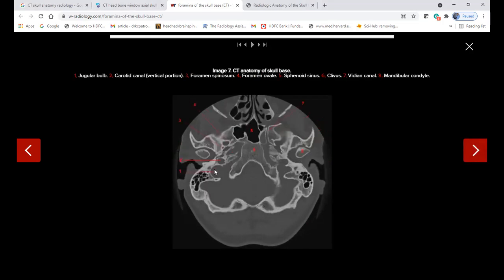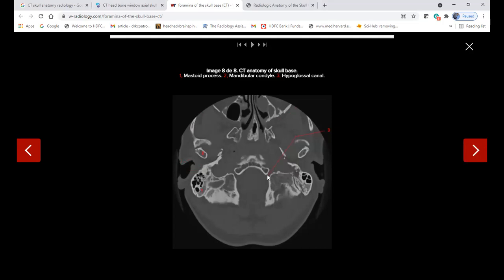This is the jugular bulb. This is the carotid canal here. This is the spinosum. Number 4 is ovale. This is the sphenoid sinus, clivus, mandibular condyle, and this is the Vidian canal. This is the hypoglossal canal, and this is the mandibular condyle and mastoid process.